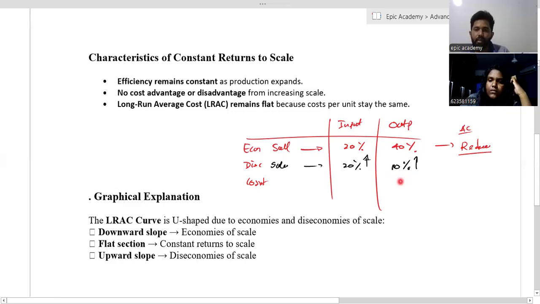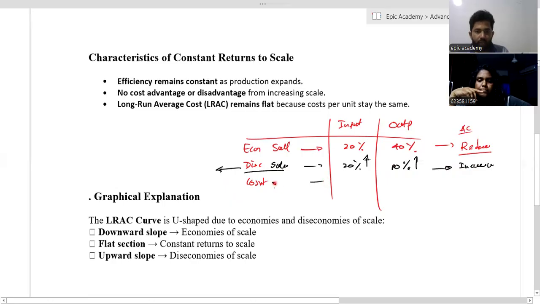So what about the return? The return is not in a good position. We call it average cost increase. That is what is represented by diseconomies of scale.